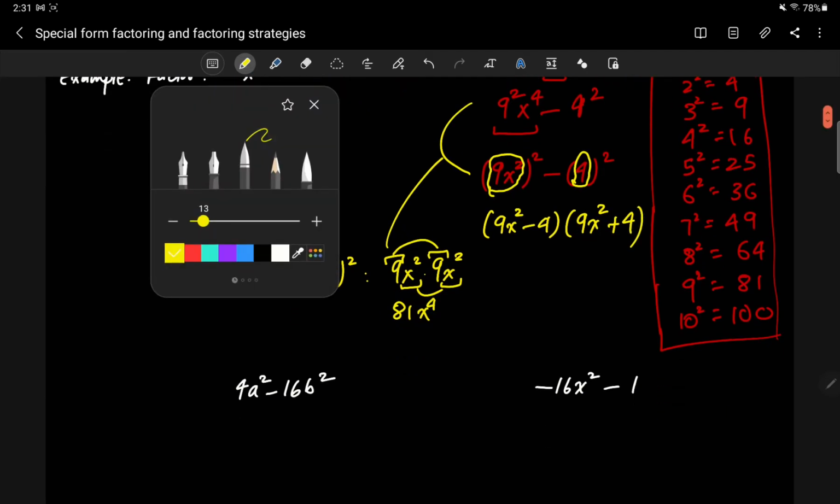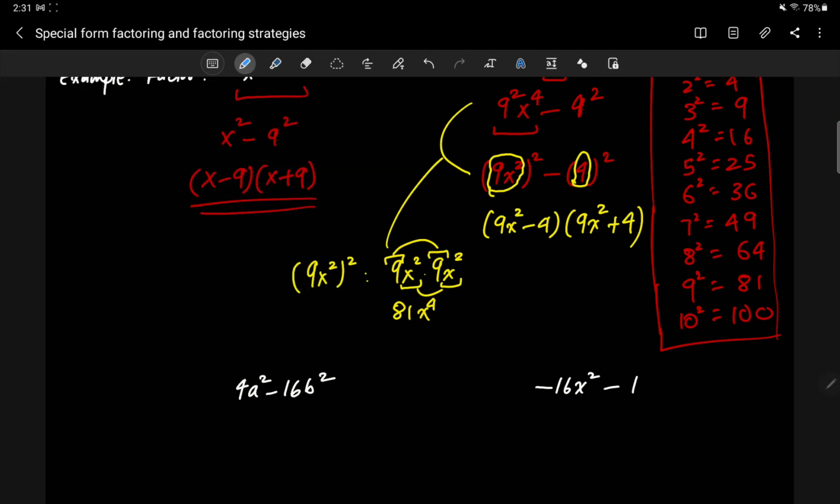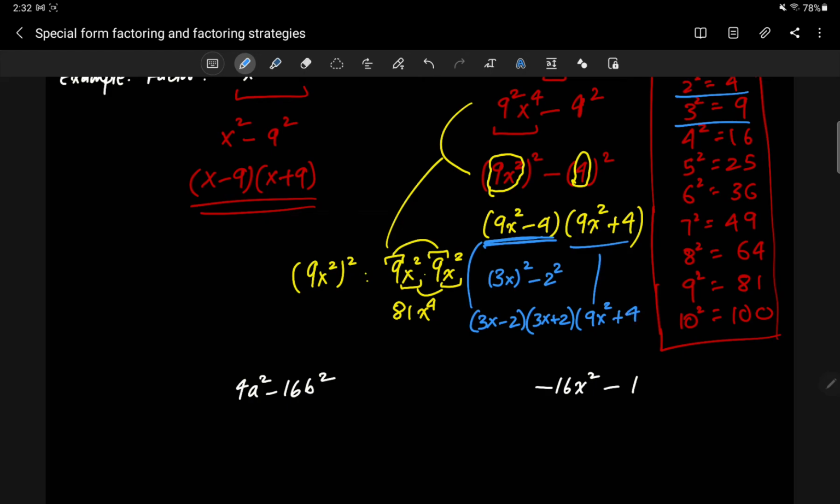Now this is where a slight bit of complication comes in, that this is a subtraction. And 9 is also the square of 3, and 4 is the square of 2. So this can further be written as 3x squared minus 2 squared. So this term itself can be factored further into 3x minus 2 and 3x plus 2, and then you also have the 9x squared plus 4.